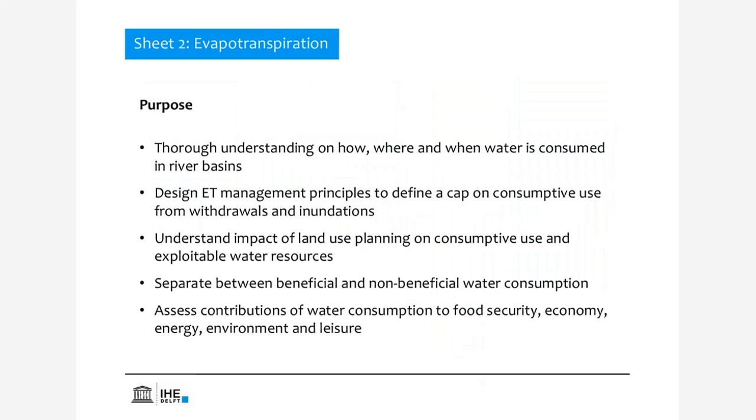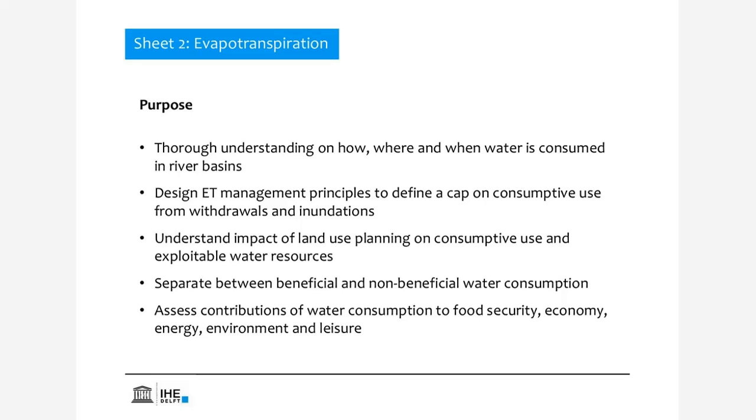Sheet 2 deals with evapotranspiration and tries to point the attention on understanding how much water is consumed by whom, and when and where water is consumed within the basin.